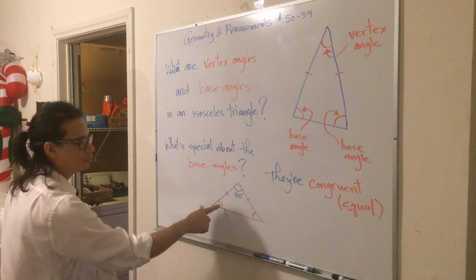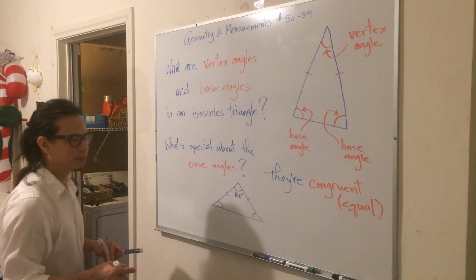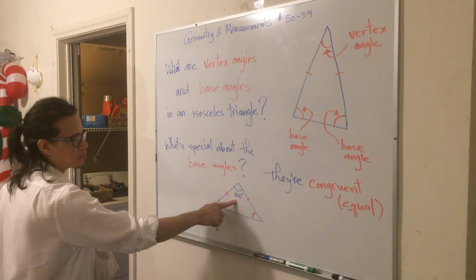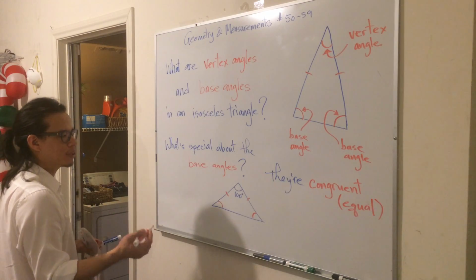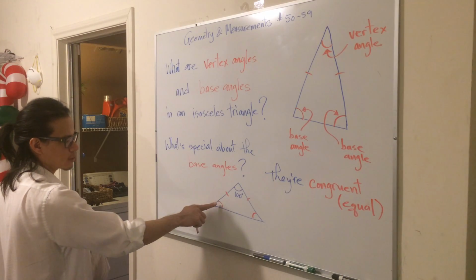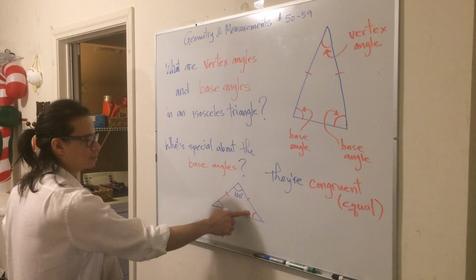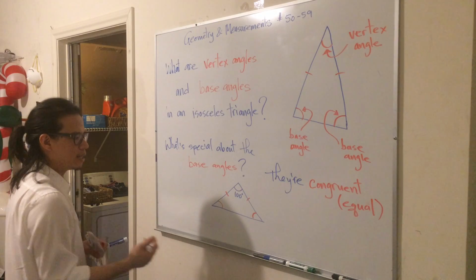Remember that the sum of these three angles needs to add up to be 180. So if you take away 100, we're left with 80 degrees. In other words, what number plus itself will give you 80?